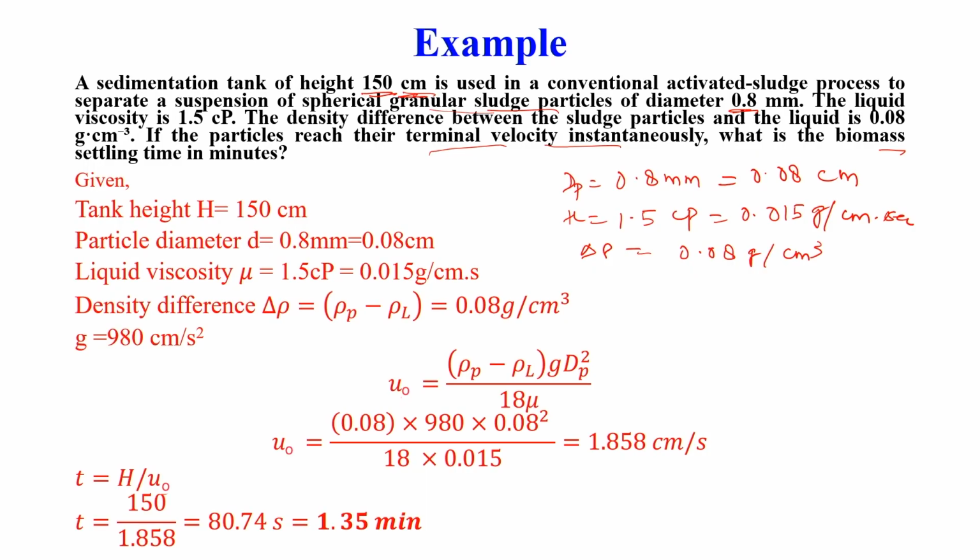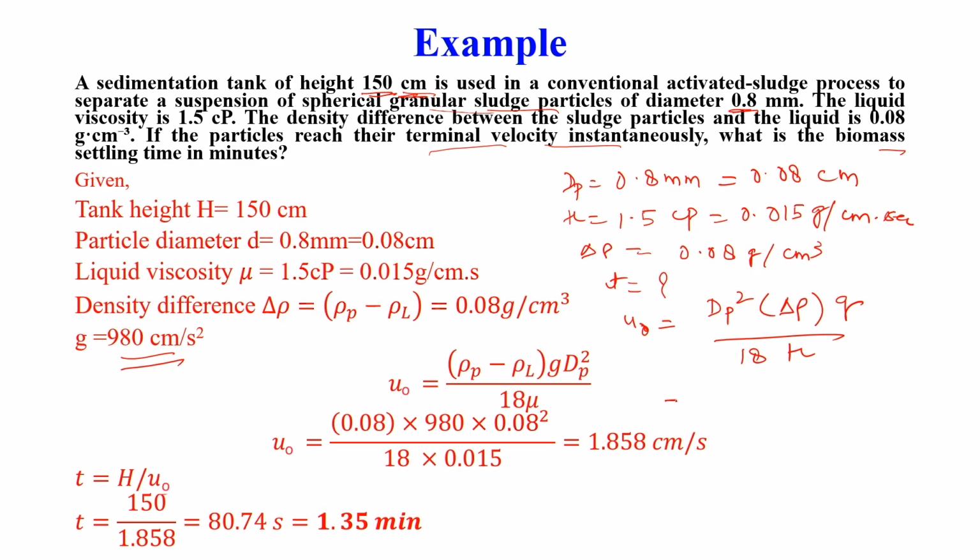So, we have to find how much time it will take to settle. For that you need to first calculate the settling velocity. The terminal velocity is dP square delta rho into g upon 18 mu, and g we are taking as 980 centimeter per second square.